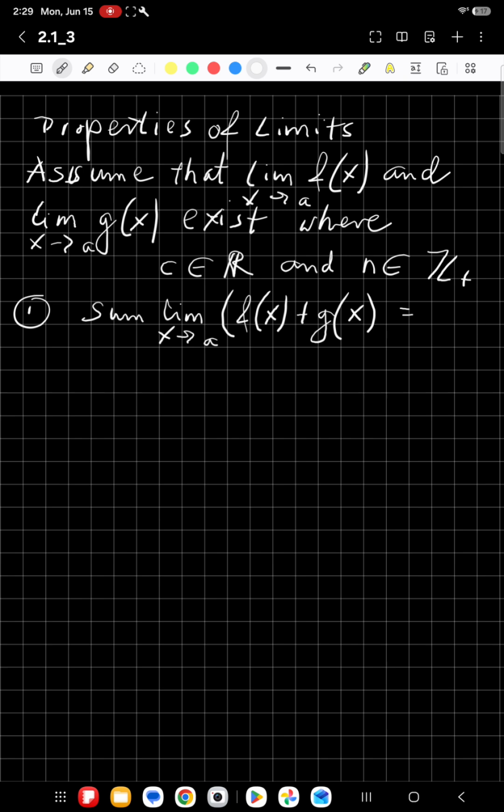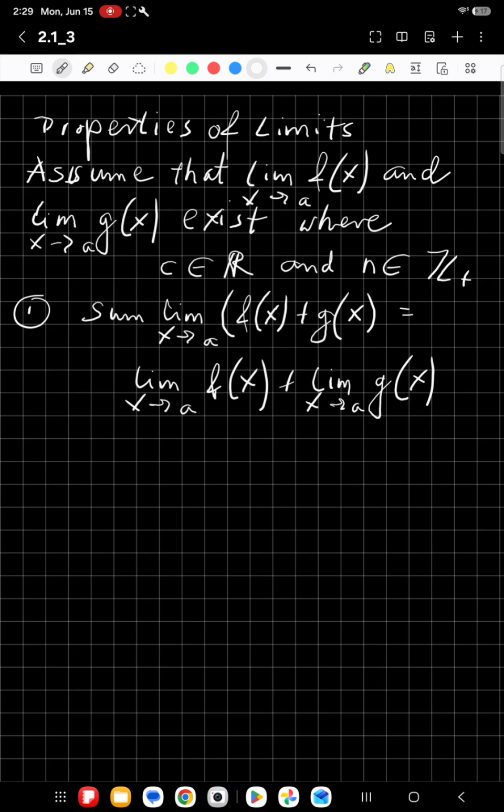The limit of a sum is the sum of two limits, so we can just split it into two: the limit with x approaching a of f of x plus the limit with x going to a of g of x. So we can take those two limits separately.